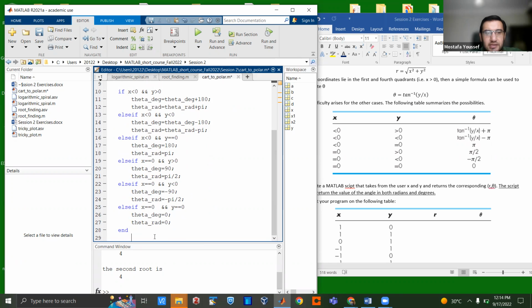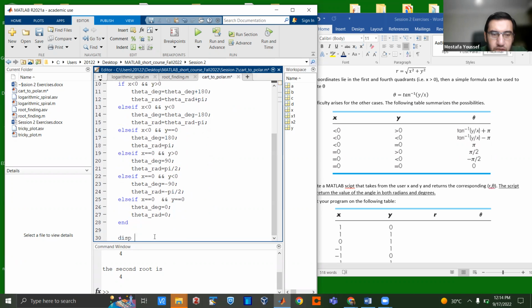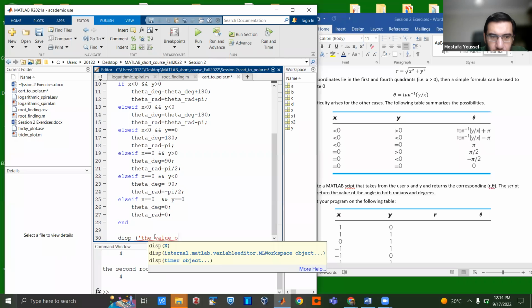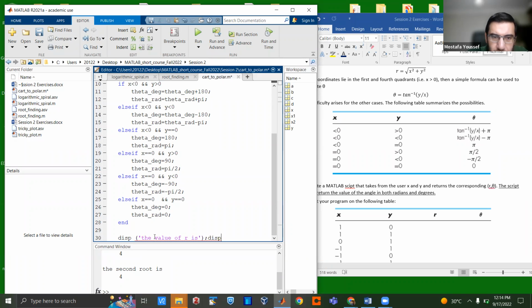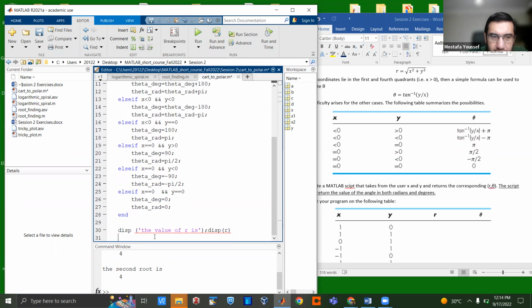We need to display the results for the user. So you can display the value of R as, and you can disp R, and finally disp the angle in radians is, and then you disp variable.